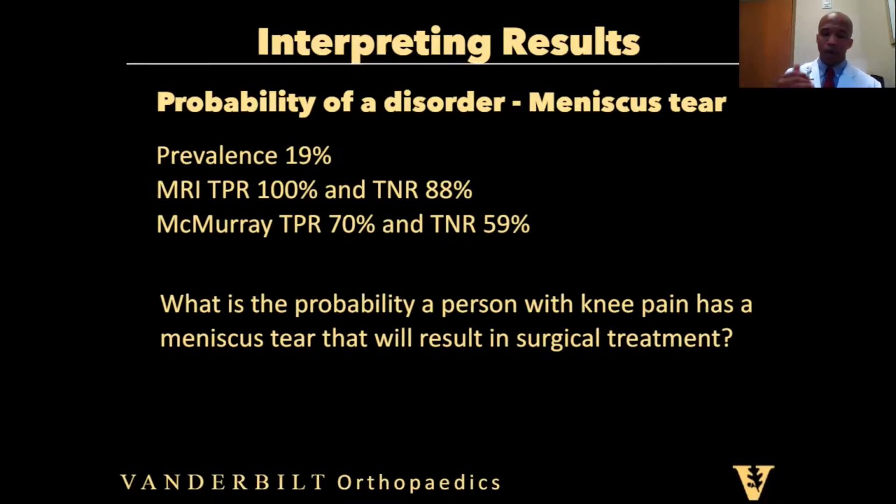All right, so once you have that, then you can determine your post-test odds, which is the pre-test odds multiplied by the likelihood ratio. And if you are doing multiple tests, you just multiply the likelihood ratio of one by the likelihood ratio of the other.